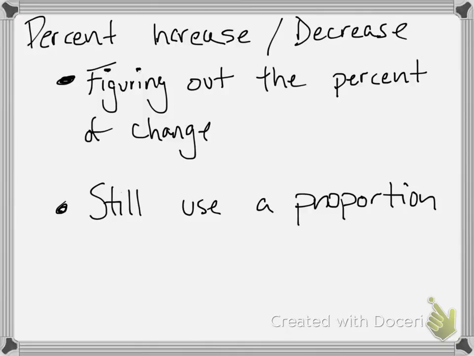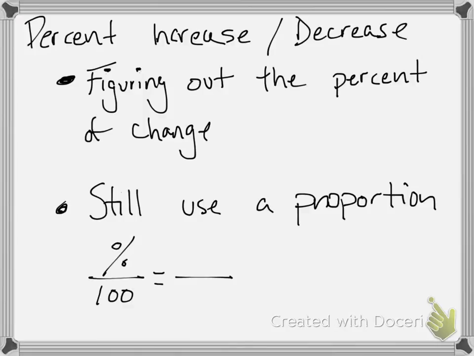Let's get started. When we have percent increase or decrease, we're really figuring out the percent of the change. And this is still going to use a proportion. We might think about our proportion a little bit differently. We'll still have the percent over 100, and we'll set that equal to another fraction.